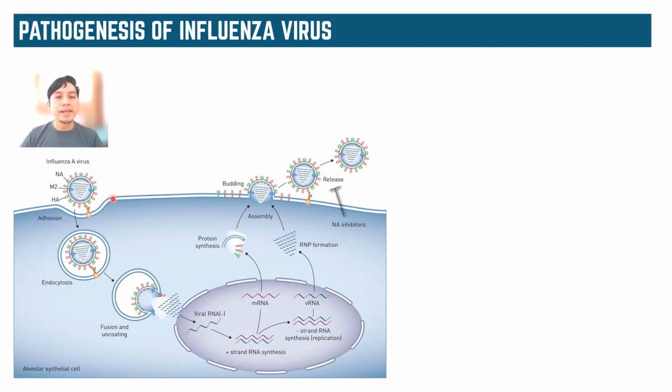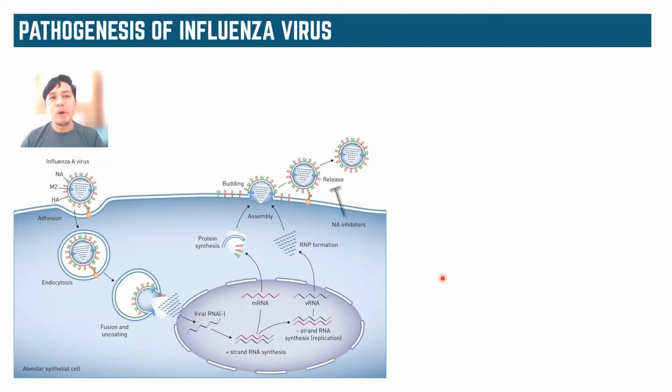Influenza is an enveloped virus with a genome made up of single-stranded segmented RNA. The viral envelope is made up of a lipid bilayer that contains three viral transmembrane proteins: hemagglutinin, known as HA, neuraminidase, NA, as well as matrix 2, abbreviated as M2.